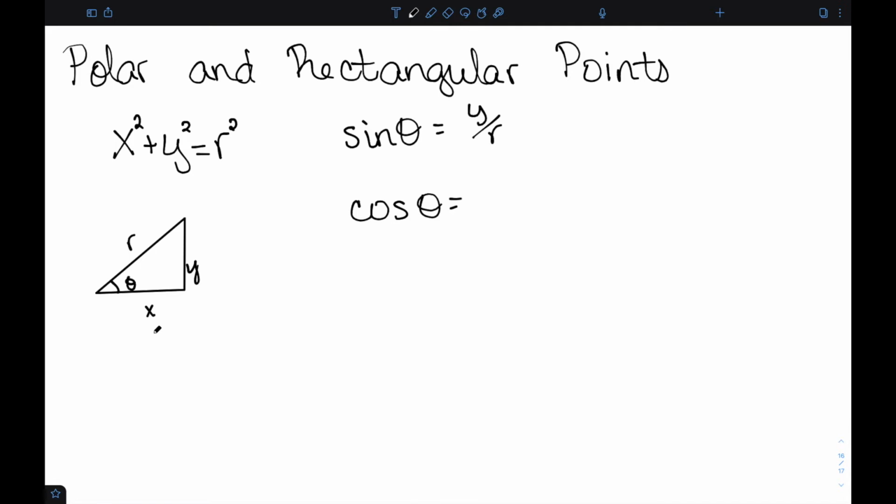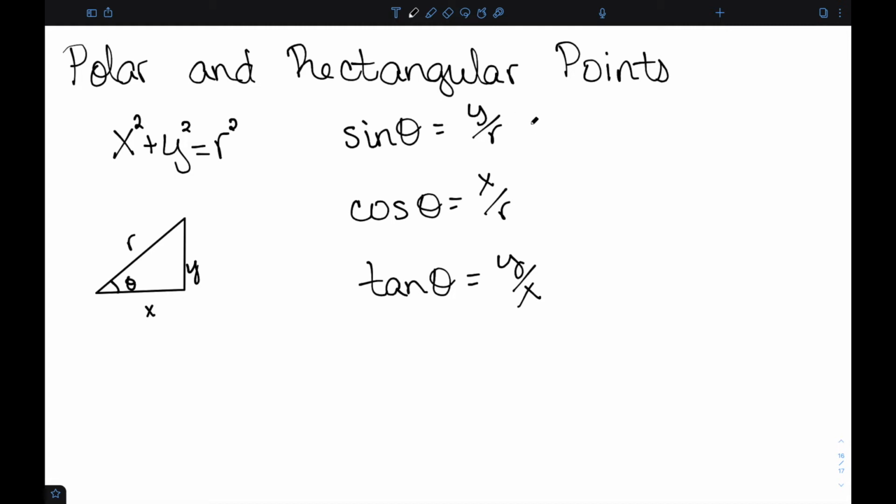Cosine theta is adjacent over hypotenuse, or x over r. And tangent of theta is opposite over adjacent, or y over x. We will use these four equations to convert from polar to rectangular, as well as from rectangular to polar.